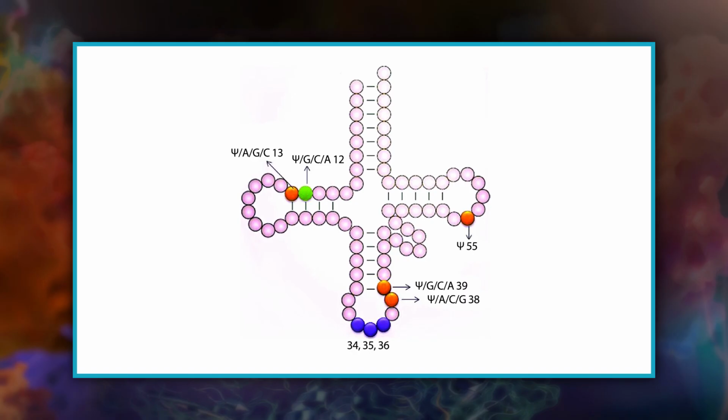Pseudouridine, on the other hand, is another common modified base derived from uridine residue through enzyme-mediated isomerization reaction. It is said to play a role in the structural integrity of the tRNA molecule, being involved in stiffening the nearby sugar phosphate backbone and also influencing base stacking of proximal regions.